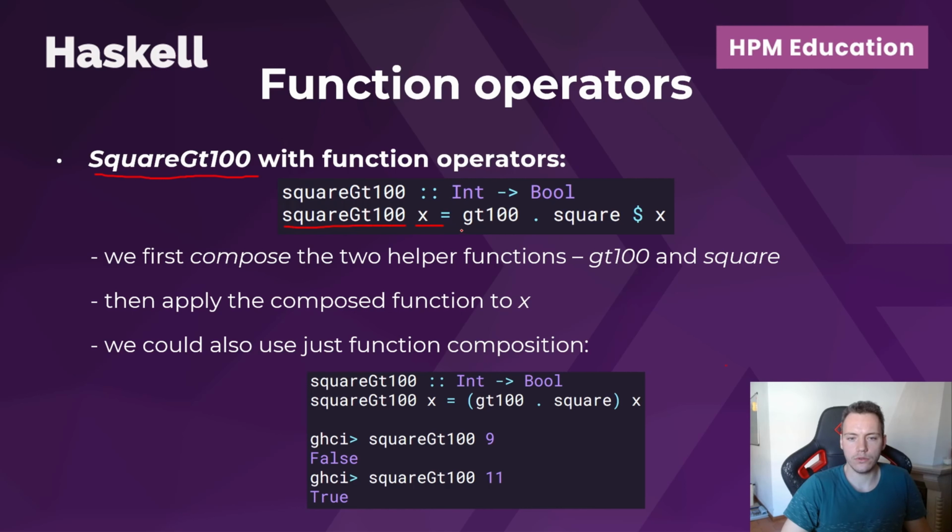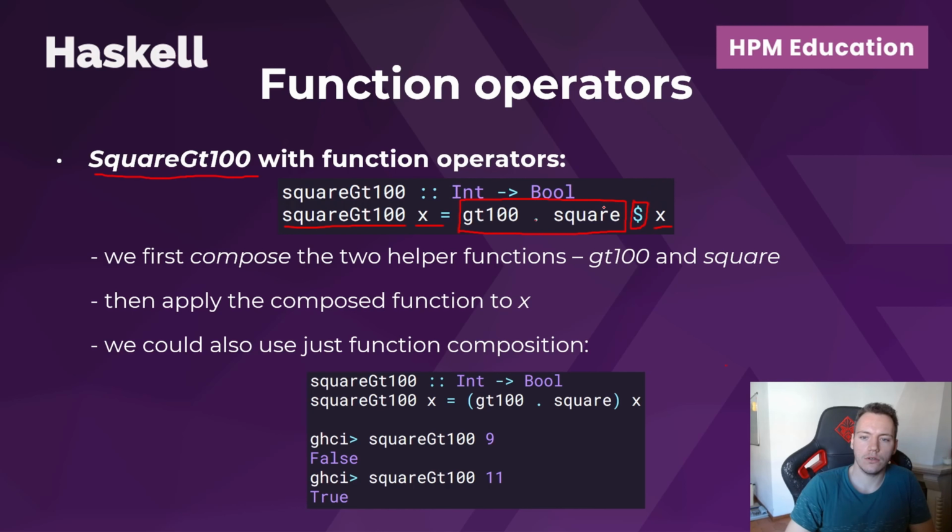So we know we can compose these functions with the composition operator, which will first apply the function on the right, square, and then GT100 to the result of the first function application. We then use the function application operator, the $, to apply this composition to x. So why does this work? Or you may wonder why.